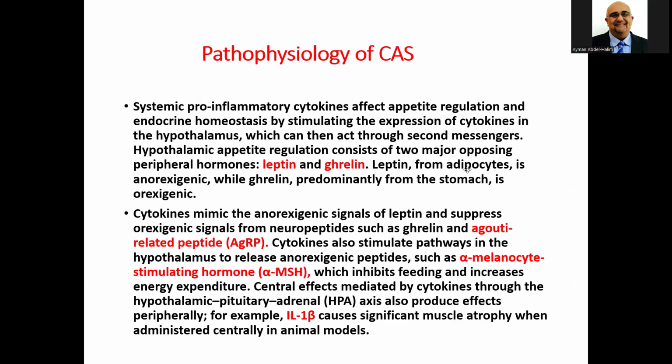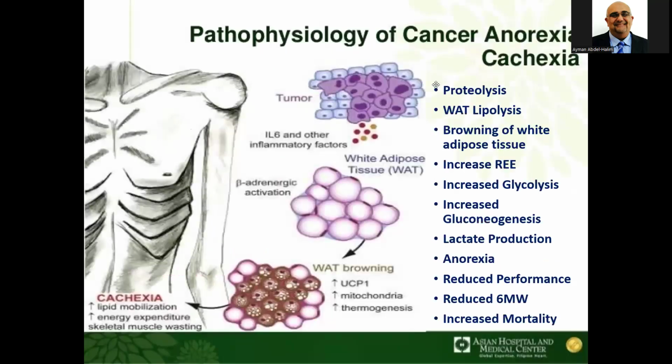Leptin, produced from adipocytes, is anorexogenic, while ghrelin, predominantly from the stomach, is orexogenic. Pathophysiology of cancer cachexia: proteolysis, white adipose tissue lipolysis, browning of white adipose tissue, increased resting energy expenditure, increased glycolysis, increased gluconeogenesis, lactate production, anorexia, reduced performance, reduced 6-minute walk, increased mortality.